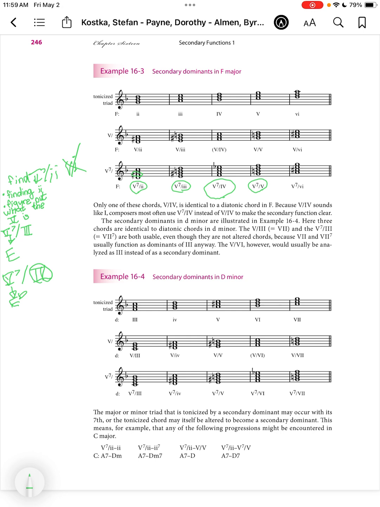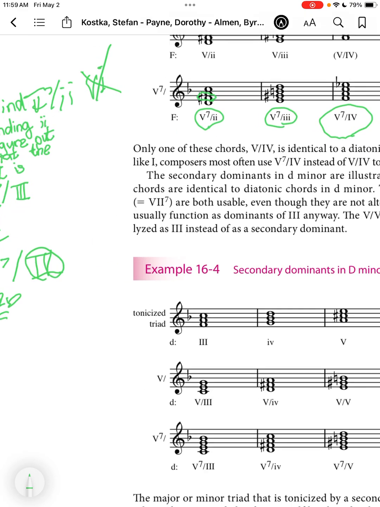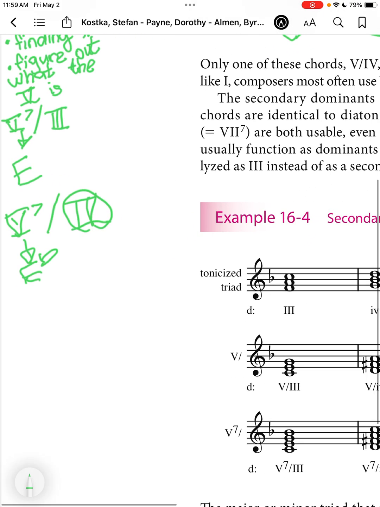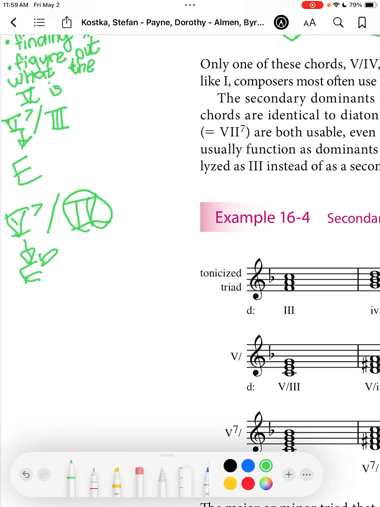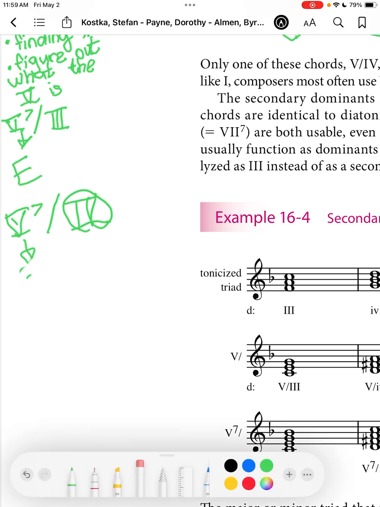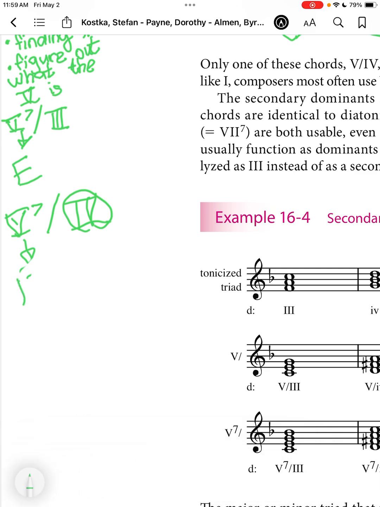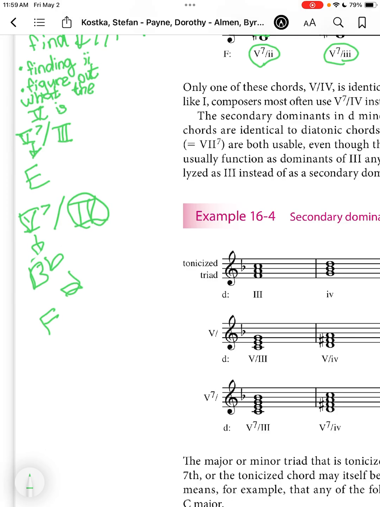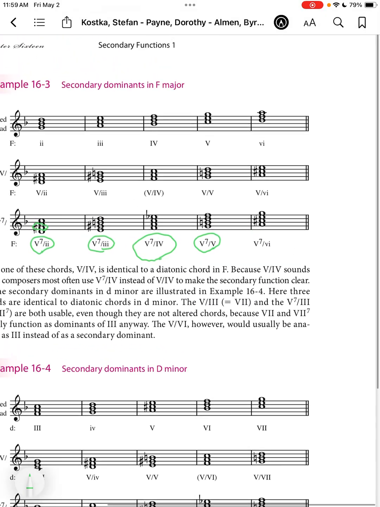Wait a minute, I know what I did. So the 4 chord on that scale was B flat. And then from this point, you're going to go to F. F A C E flat.